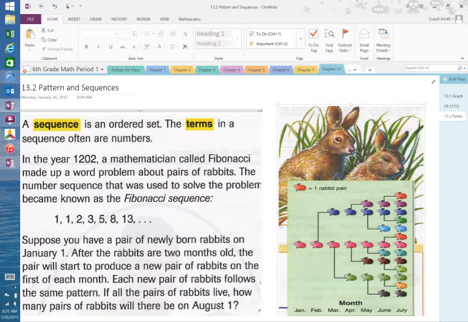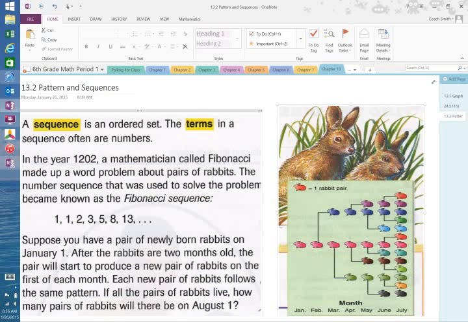They have it in your book. Under step 1, it says January there's 1 pair of rabbits. February there's 1 pair of rabbits. March there's 2 pair of rabbits. April there's 3 pair. May there's 5 pair. June there's 8 pair. July there's 13 pair.